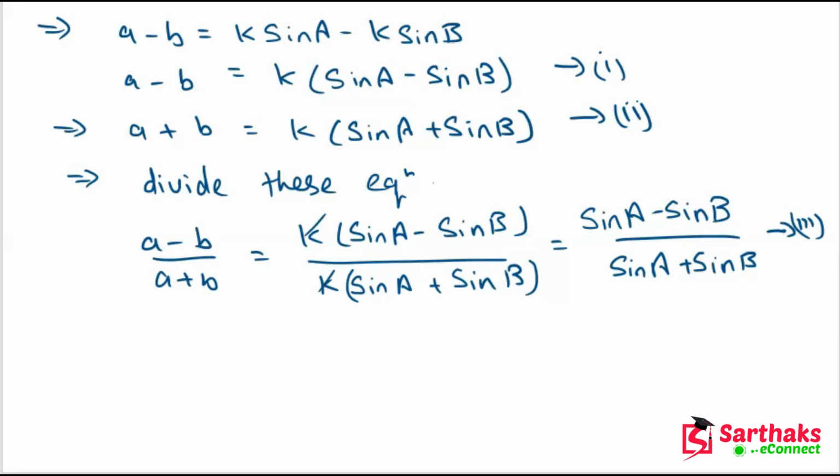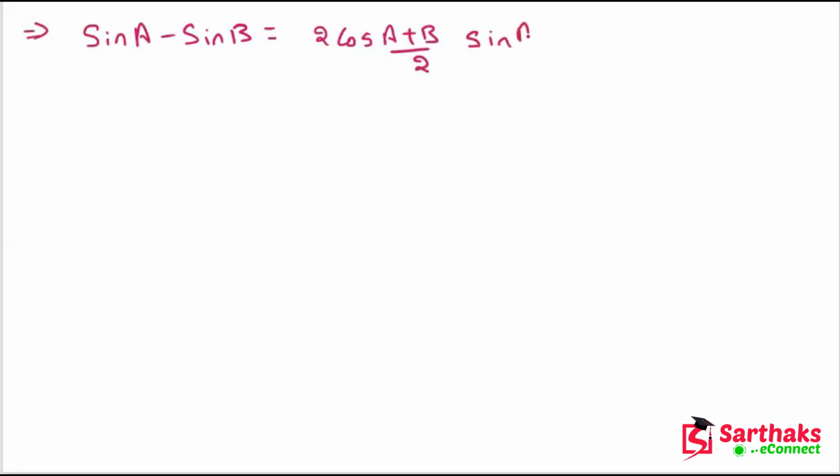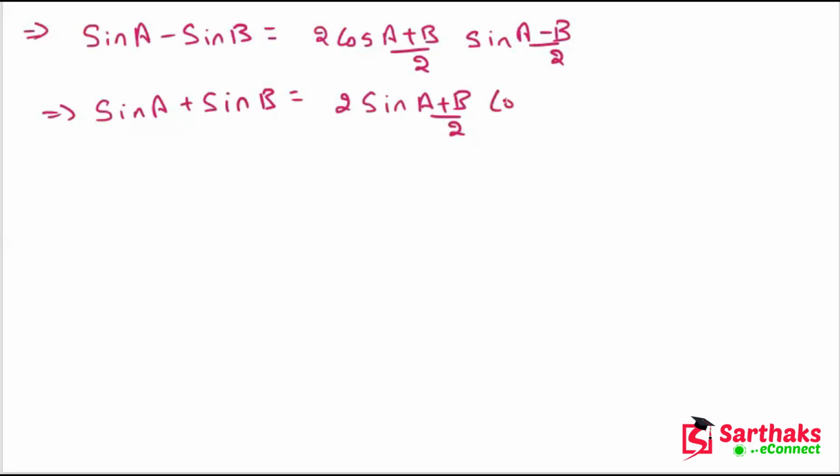Now we know the identity: in the previous lecture we learnt that sine a minus sine b is 2 cos((a plus b) divided by 2) sin((a minus b) divided by 2), and sine a plus sine b is 2 sin((a plus b) divided by 2) cos((a minus b) divided by 2).